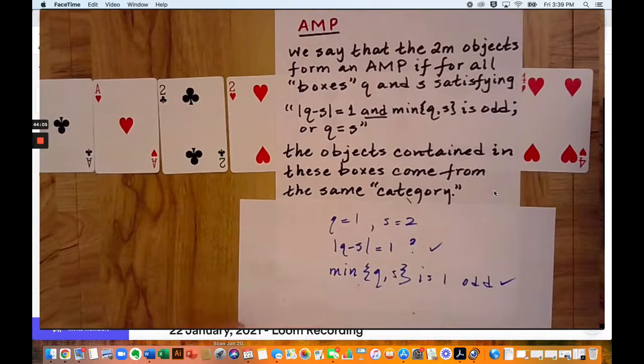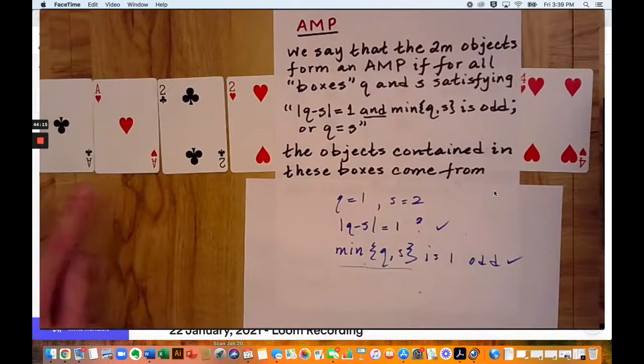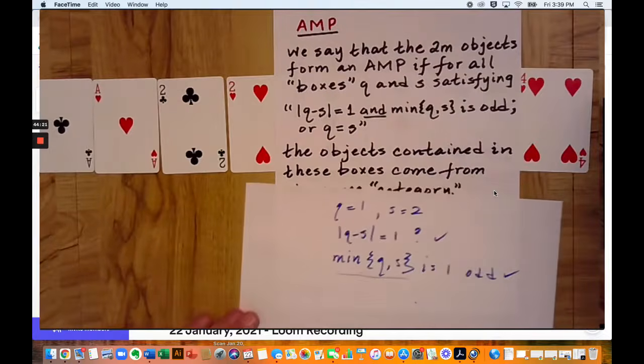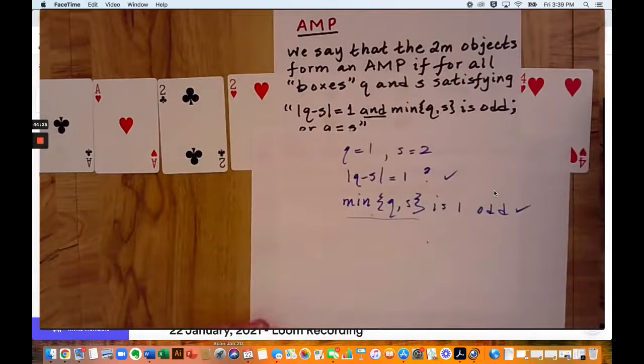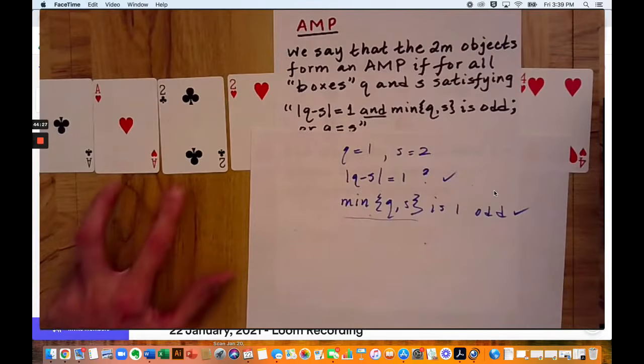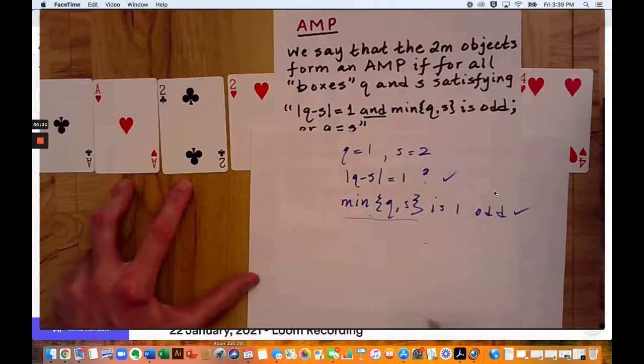Okay, why do we have this condition here, do you think? How is that requiring that we're taking objects in pairs from the top, from the beginning of the sequence? Well, it won't take much exploration for you to see that what we don't want to have happen is we don't want these two related by way of their positions.